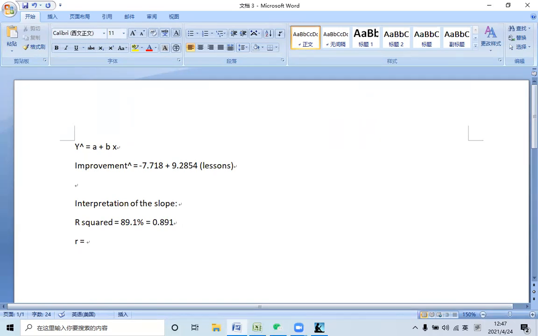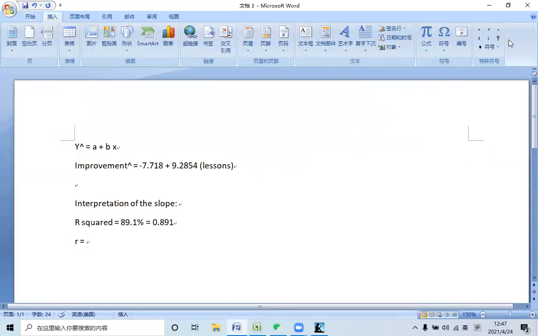If you know the R squared, you know the correlation coefficient. So this one would be the square root of 0.891.